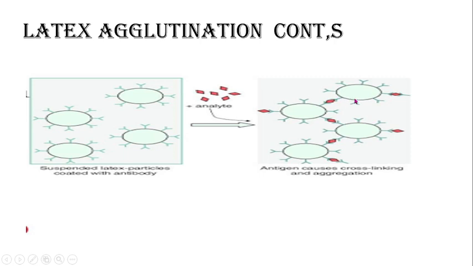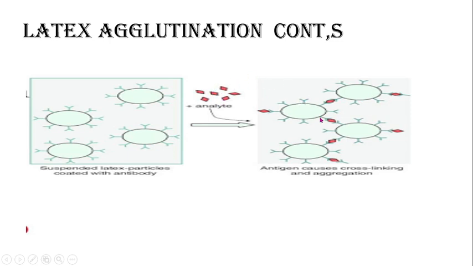These latex beads, as I have said, act as the carrier which holds the antibodies or antigens. In this case, we have antibodies coated to the latex beads, and the sample, referred to here as the analyte, which contains the antigen.